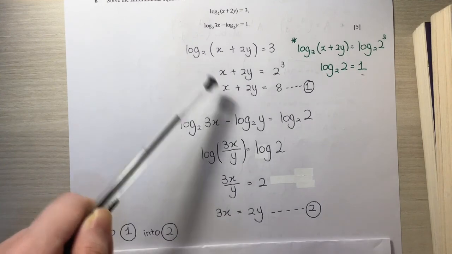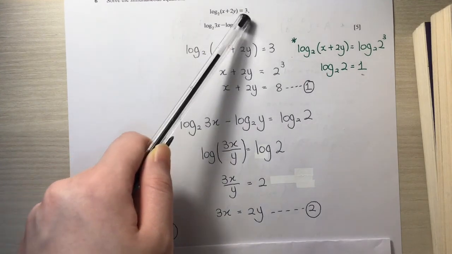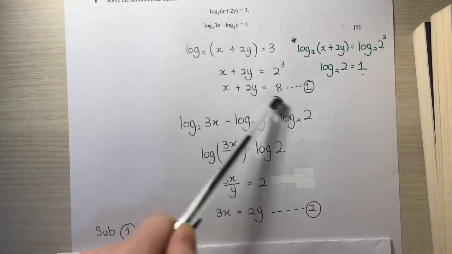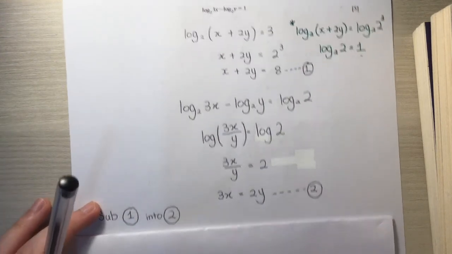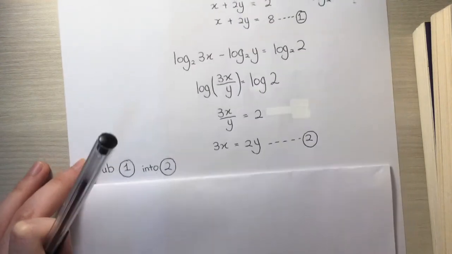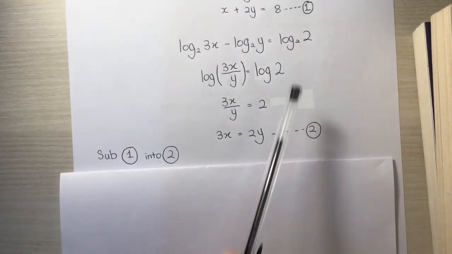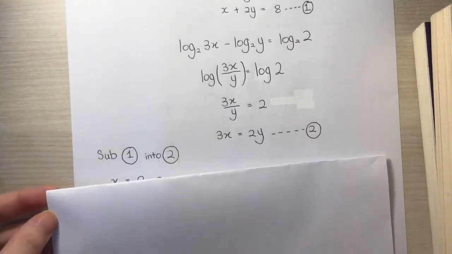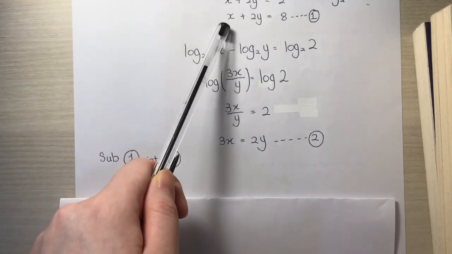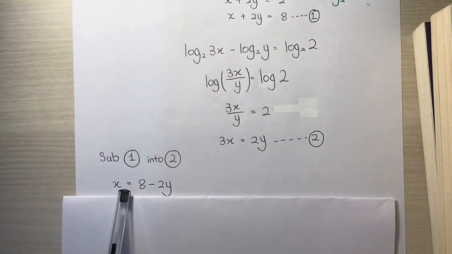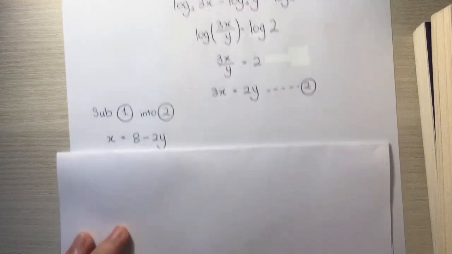Then when we have converted the equations that involve logarithm into normal numerical equations, it becomes clearer to us and easier for us to solve by simply subbing 1 into 2. In other words, we set x as the subject, so x is basically equal to 8 minus 2y.